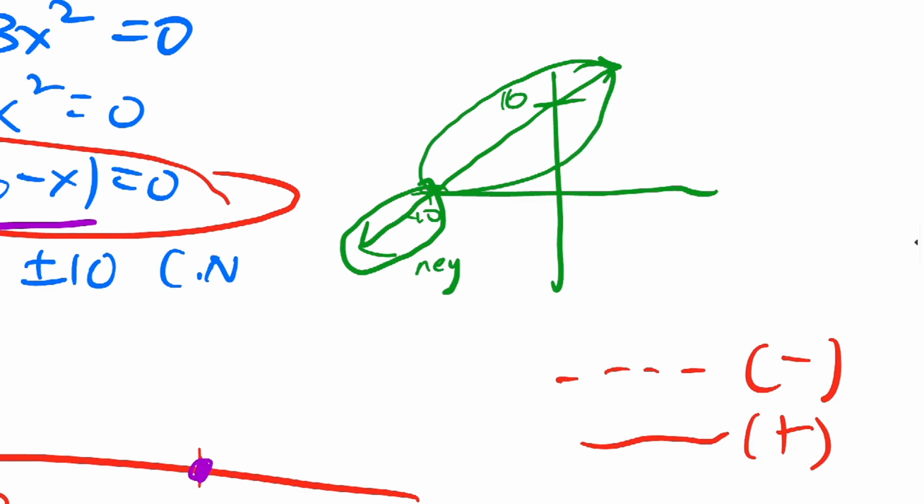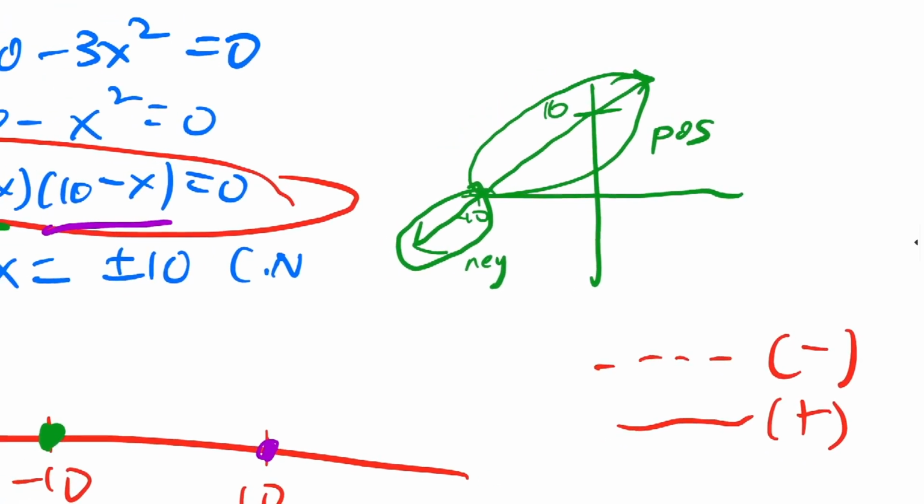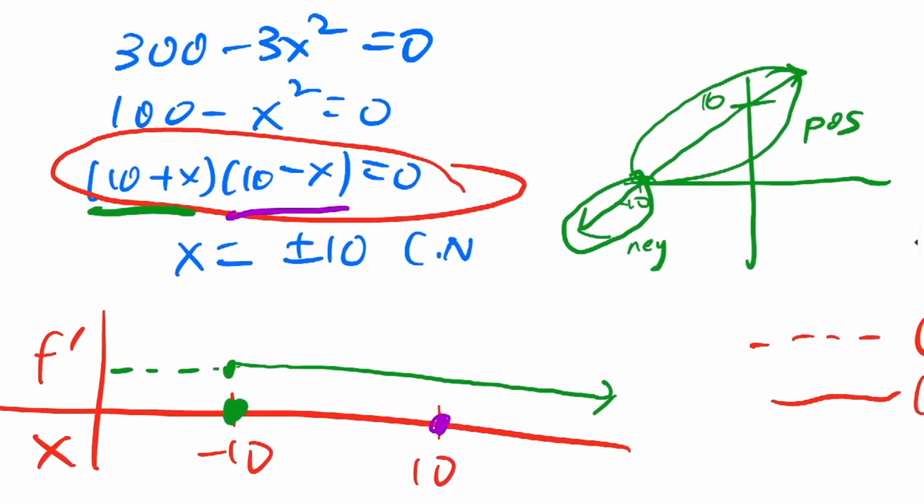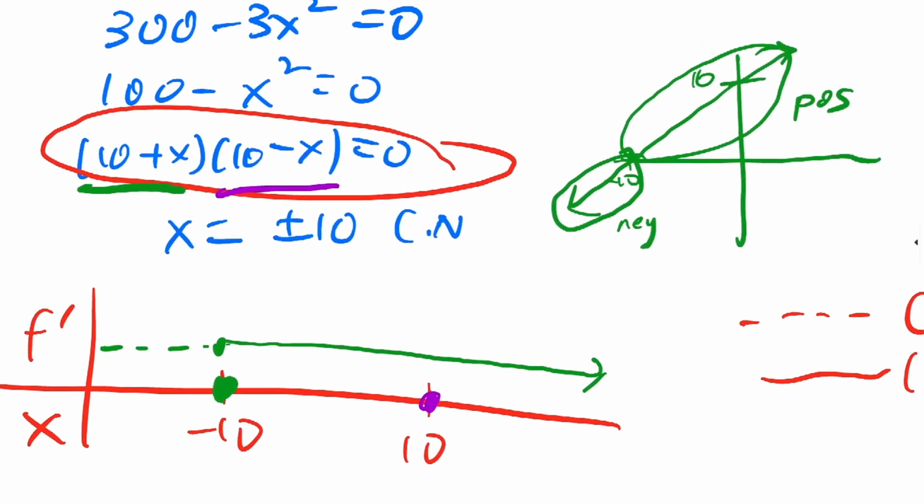Everything after is positive. So to the left of negative 10, we're going to draw a bunch of dotted lines. It's going to hit 0, so it's not positive or negative. And after negative 10 is hit, it's going to be positive forever and ever, right? That's how this function looks.